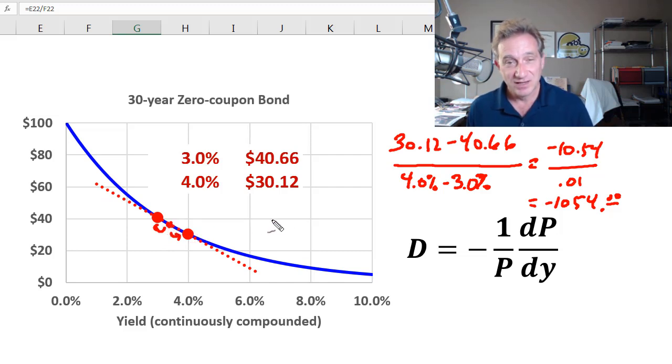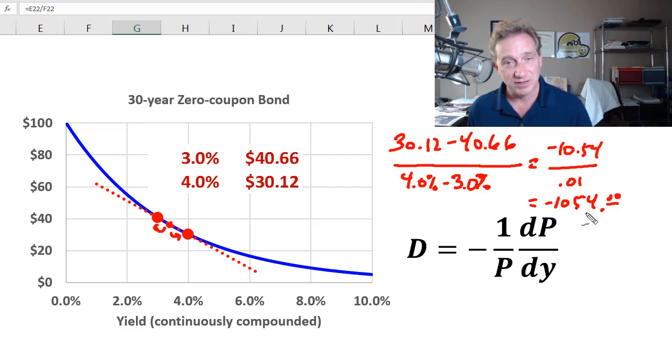And so here's the point that new learners oftentimes miss, and even experienced professionals sometimes get confused. That slope that we've just computed is not the duration. You can see in my formula, it's right here. That's my first derivative, change in price with an associated change in yield. And that's what's called the dollar duration.